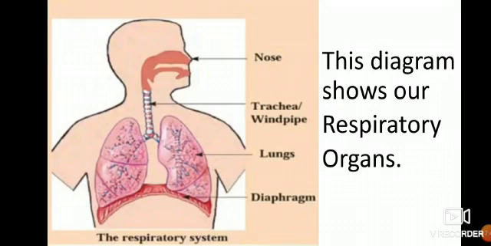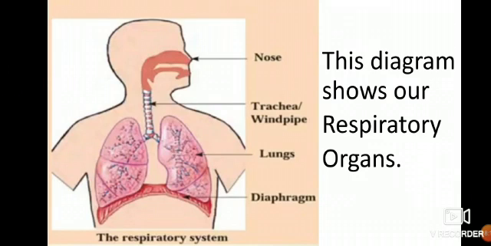Till now, we just know that we breathe in air with the help of the nose. But do you know that there are so many organs in our body for respiration? No. So we are going to study that now. Apart from the nose, there are certain organs such as windpipe, lungs, diaphragm.